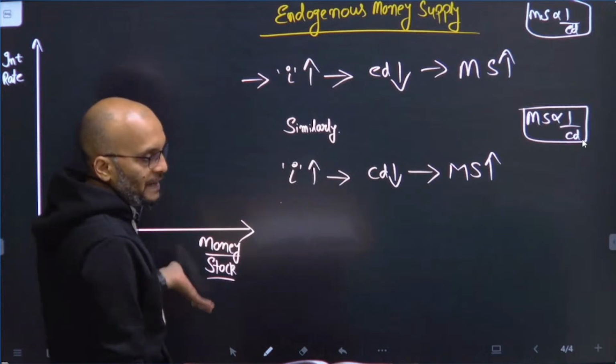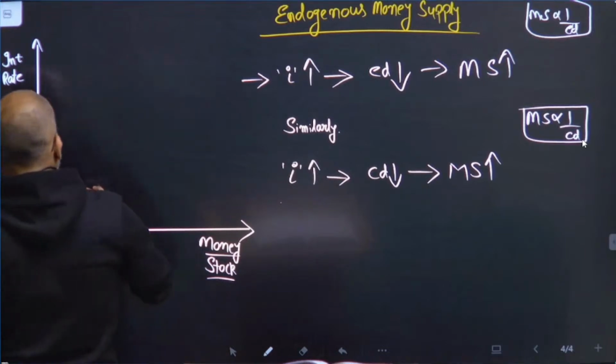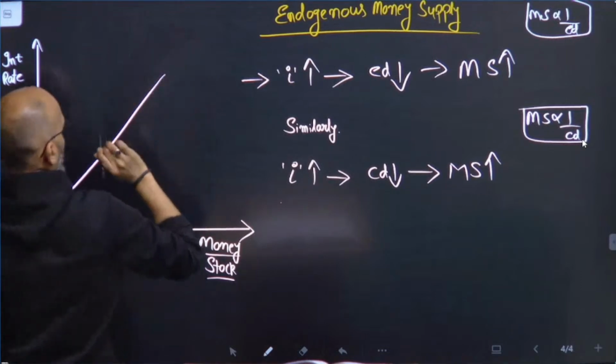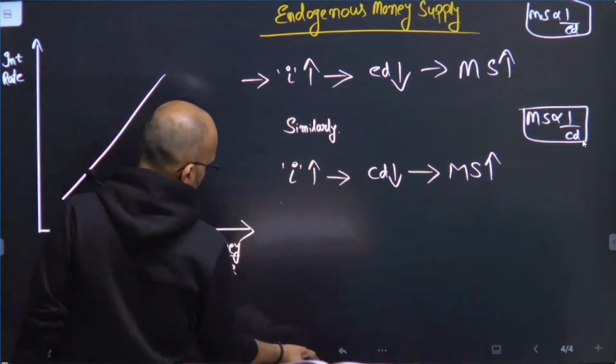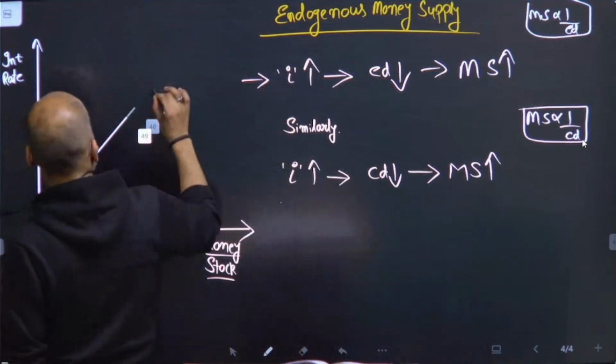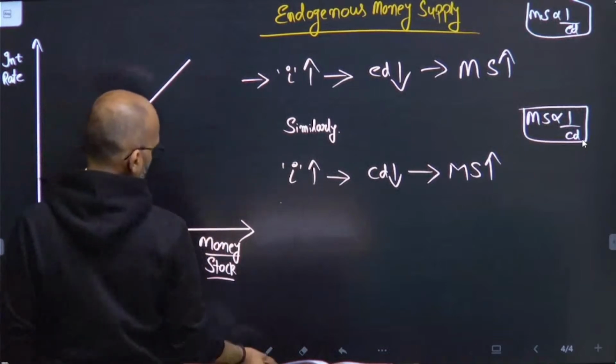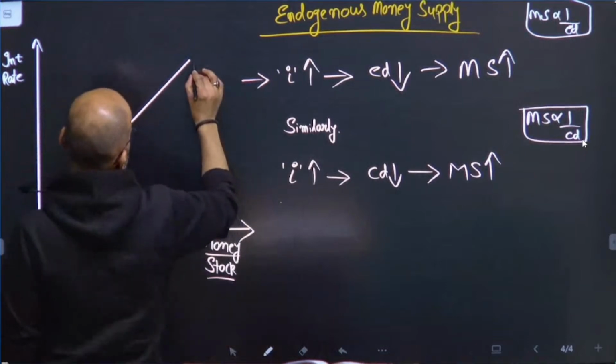That means monetary base will increase. Yes or no? So it will be a positive sloping curve, something like this. Yes or no?